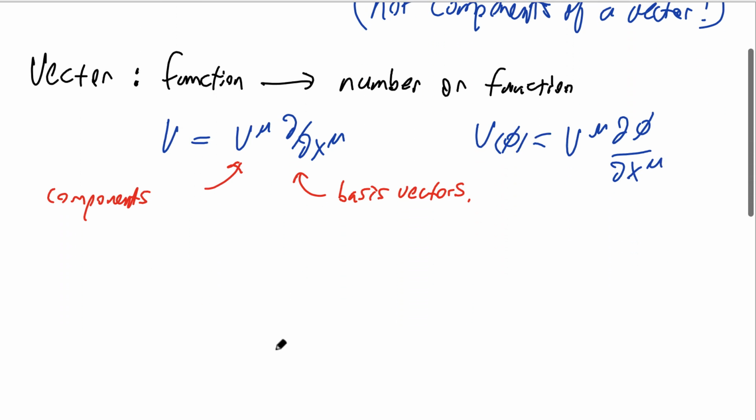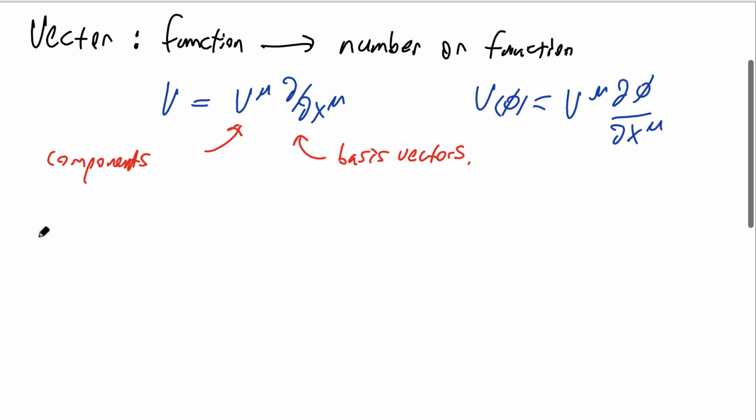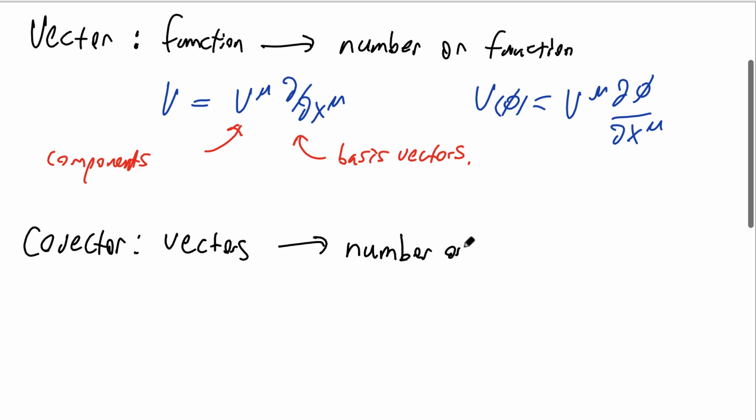Now a covector is an operator that maps vectors to numbers or functions. A single covector at a point will map a vector to a number.